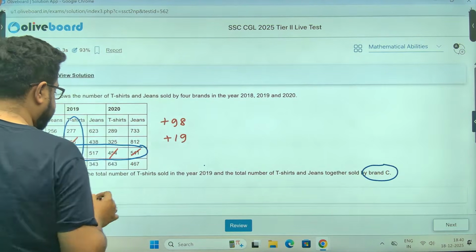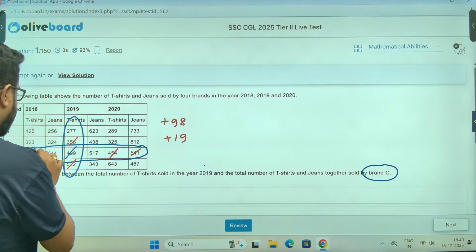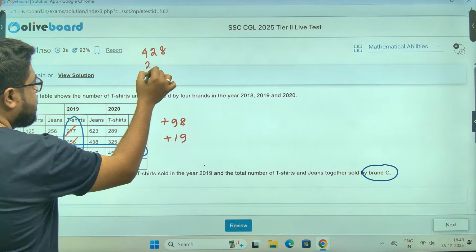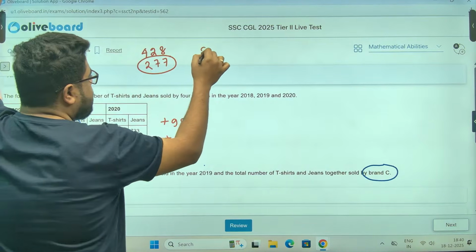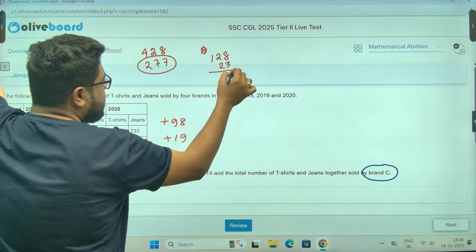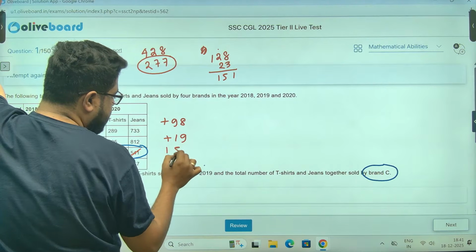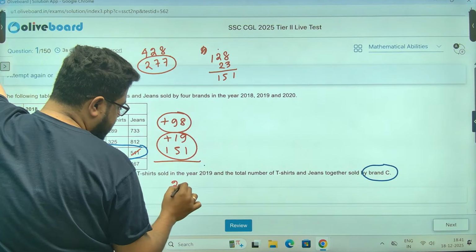Then take this 428 to 77. So 23 will be this 128 and 23. So 11, 1, 5, 1, 151. So this is 170, 270, 268.